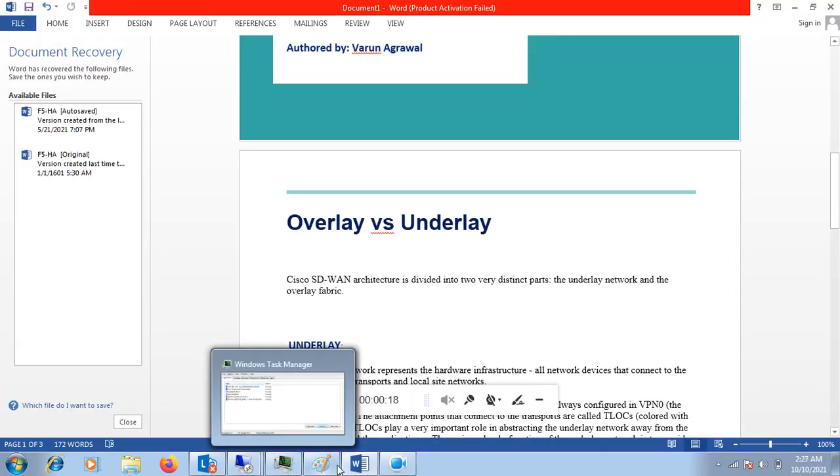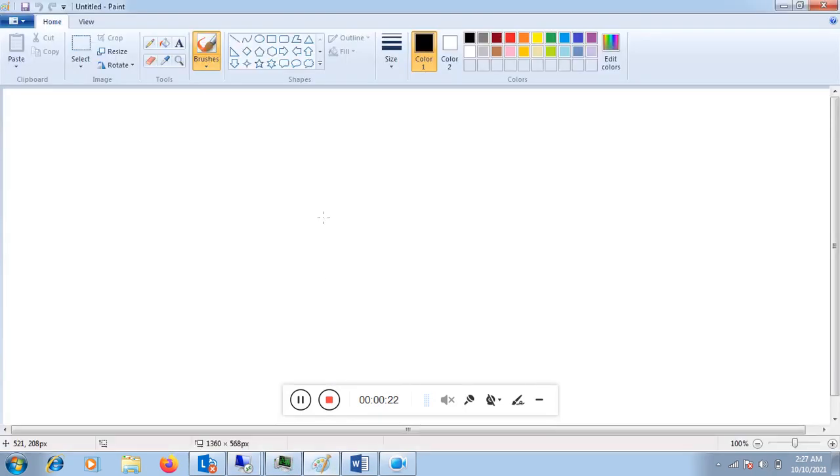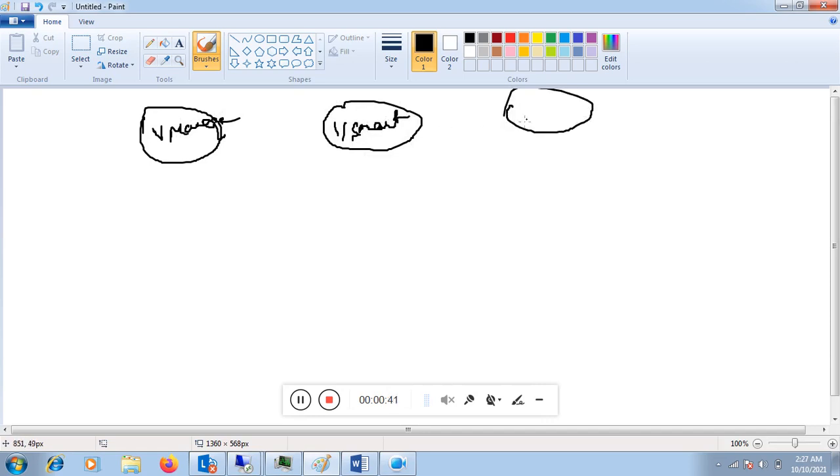we have a control cluster. So control cluster is made up of vManage. So we have a vManage. We have vSmart and we have a vBond forming the SD-WAN control cluster.